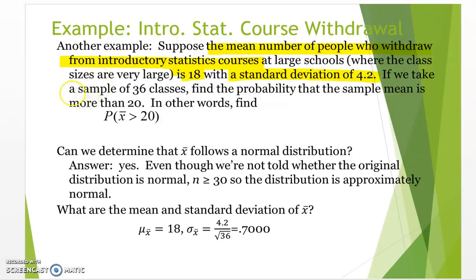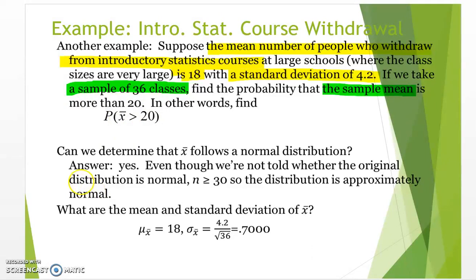And this time, if we take a sample of 36 classes, we would like to find the probability that the sample mean number of people who withdraw from the introductory stats course would be more than 20. In other words, find the probability that the sample mean X bar is higher than 20.